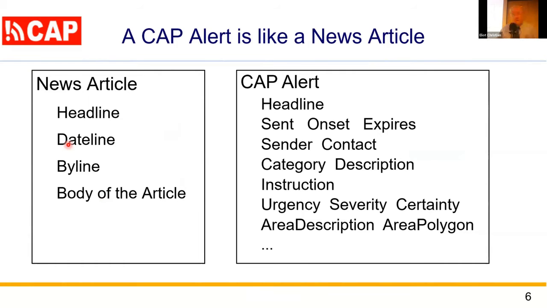So a CAP alert is like a traditional news article, but the key facts are given in separate elements. And many of those elements give actual data, not just free text. The data in CAP are coded values. It's essential for automated processing, for routing, for translation, and much more.